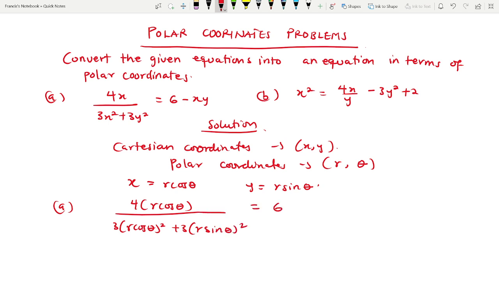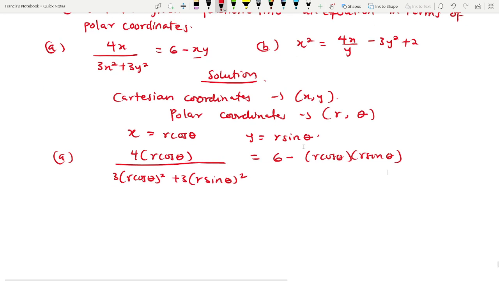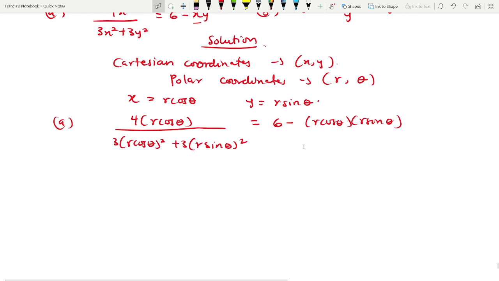This should be equal to 6 minus, here I have xy, so for my xy, I'll simply write r cos theta, r sine theta. So this is the first step. You simply make your substitution and you are good to go. After making the substitution, the next thing to do is simplification.